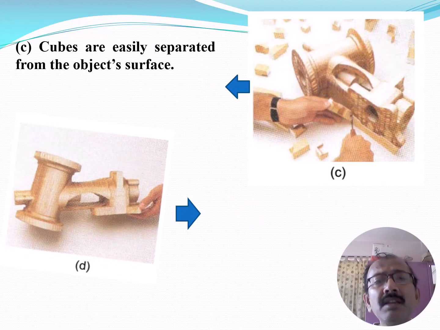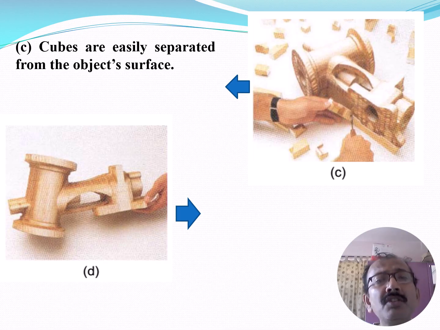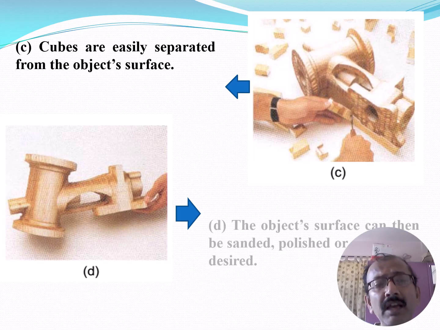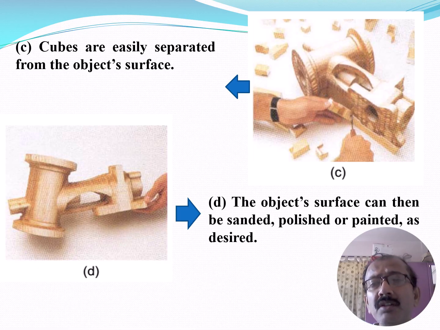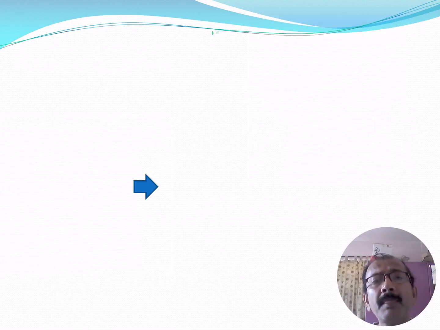Similarly, this is another picture. The cubes are easily separated from the object surface, and this is the diagram. The object surface can then be sanded, polished, or painted as desired. So this is the post processing.